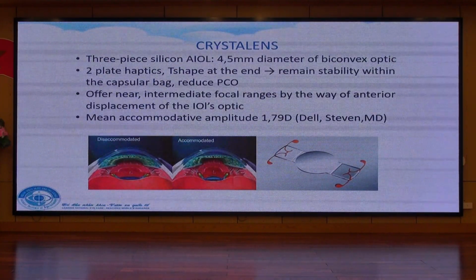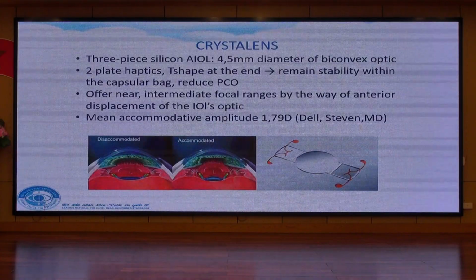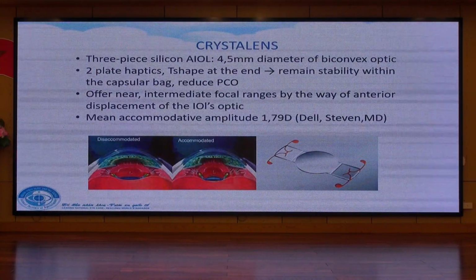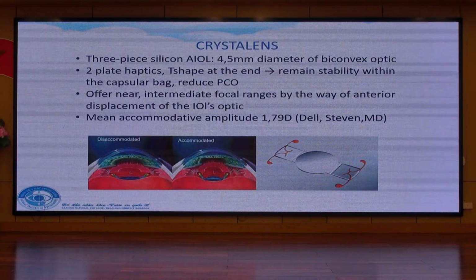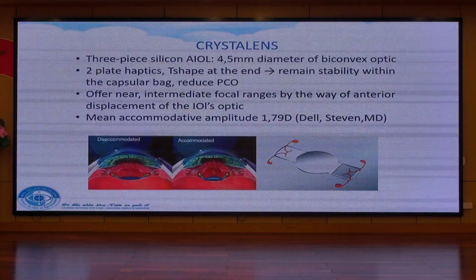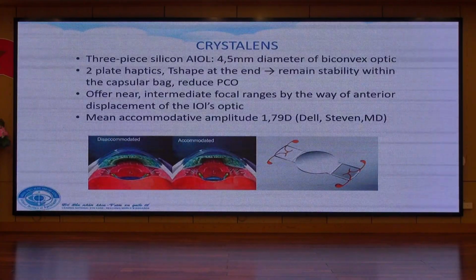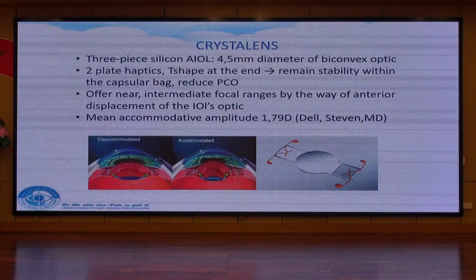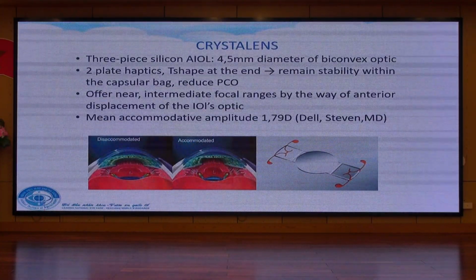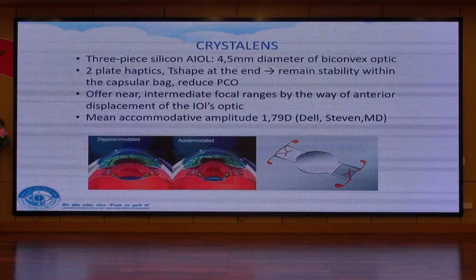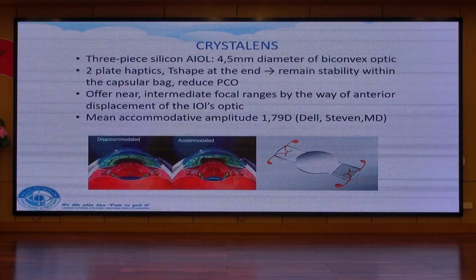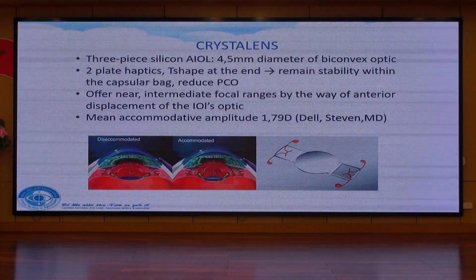And it offers a near and intermediate focal range by way of anterior displacement of the IOL optic. Some studies reported a mean accommodative amplitude of about 1.79 diopters, according to the author Stephen.